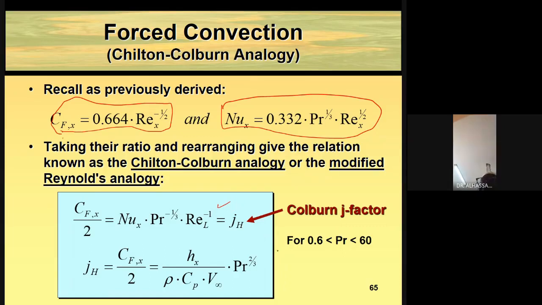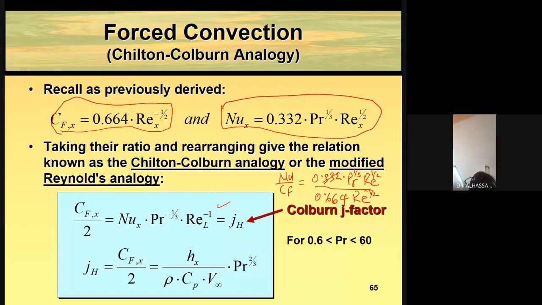So for example, over here we have Nu divided by CF equals 0.332 Pr^(1/3) Re^(1/2), all divided by 0.664 Re^(1/2).